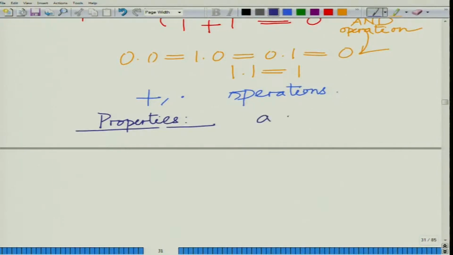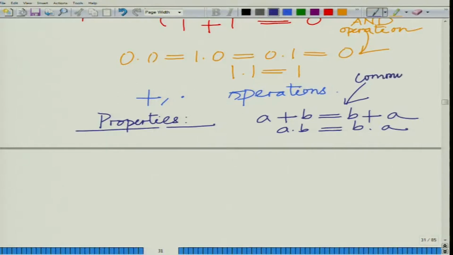We have commutativity, that is, a plus b equals b plus a, a dot b equals b dot a.